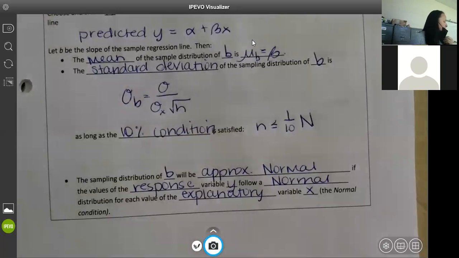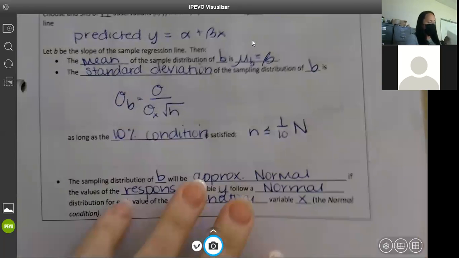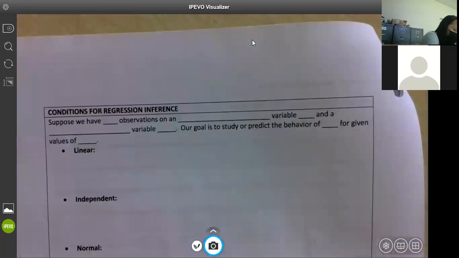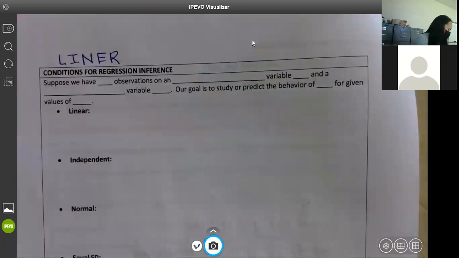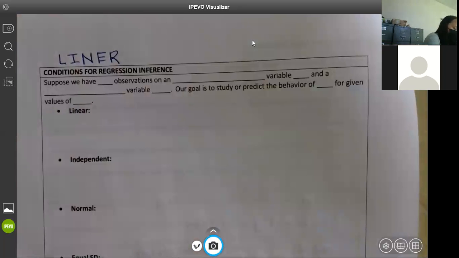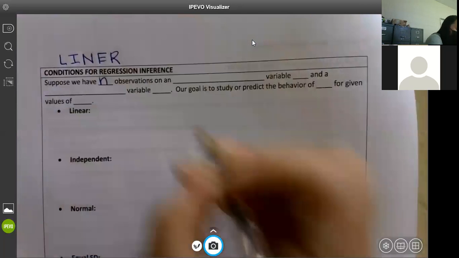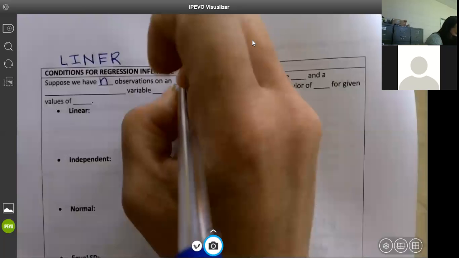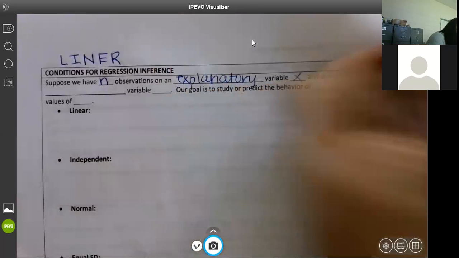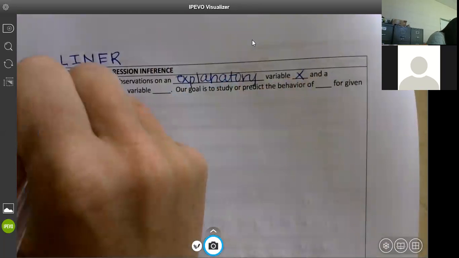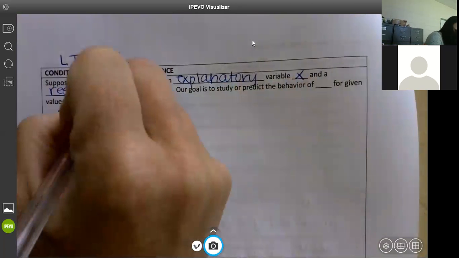So the next page is going to tell us how to check conditions for regression inference. And the acronym for that is LINER, L-I-N-E-R. Suppose we have n observations of an explanatory variable x and a response variable y.